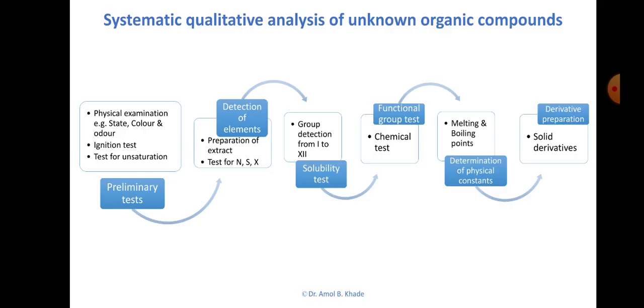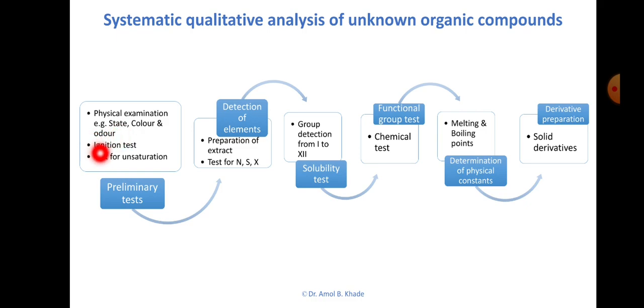We have seen the flow chart of systematic qualitative analysis of unknown organic compounds. In the previous session we covered the preliminary test, where we can examine the given unknown compound based on its state, whether it is a solid or liquid, based on the color and based on the odor. We can categorize the compound into a particular class.